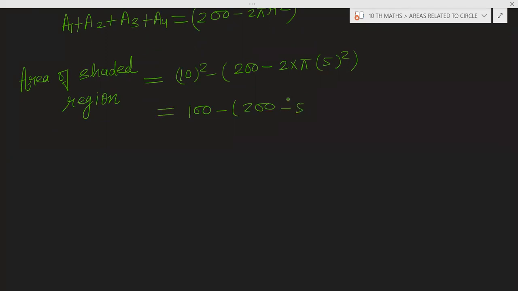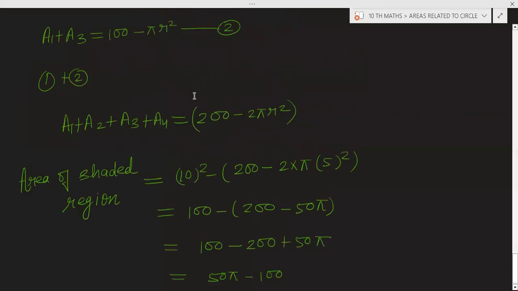So it will become 100 minus 200 plus 50 pi, which is 50 pi minus 100.